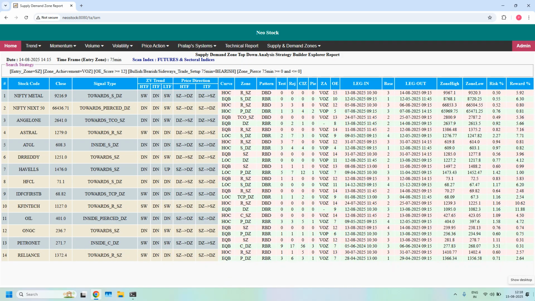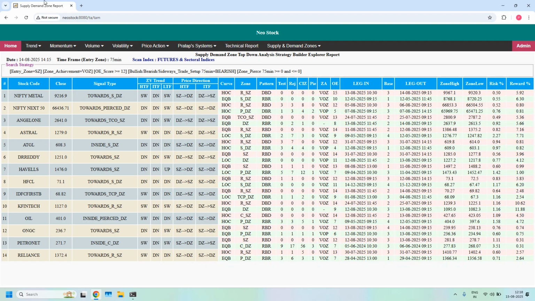Out of these 14 75-minute supply zones, there could be some high probability trade setup zones available. We need to filter them based on different zone confluence and EMA confluence strategies that we learned in lesson 27. So the first strategy is LTF and ITF supply zone confluence, and then ITF EMA confluence.